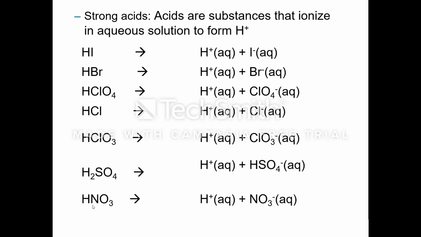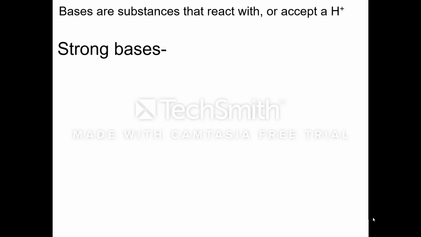Most of the weak acids we'll talk about start with an H in the formula. For example, HCN, or hydrocyanic acid, and HF, hydrofluoric acid. Those are weak acids. So remember that these weak acids partially dissociate in water.